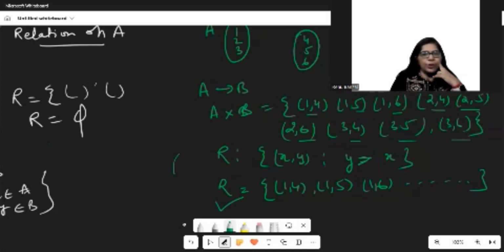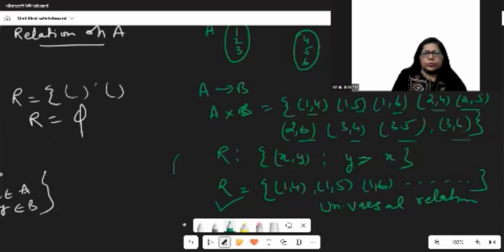Such type of relation is called universal relation. Hopefully it's clear, beta.